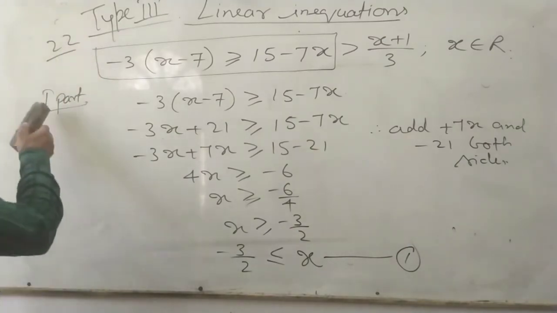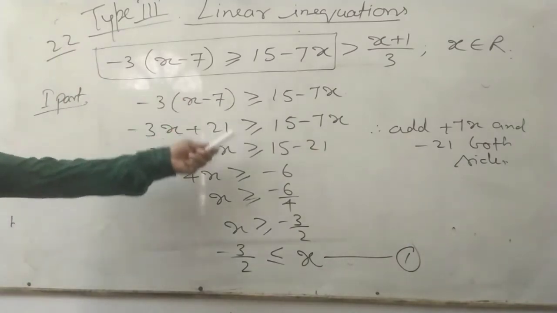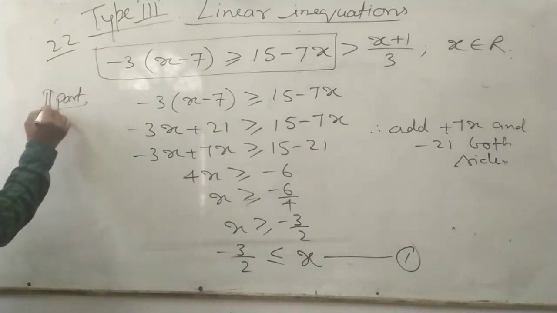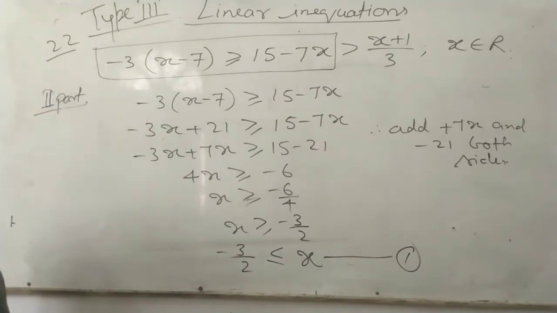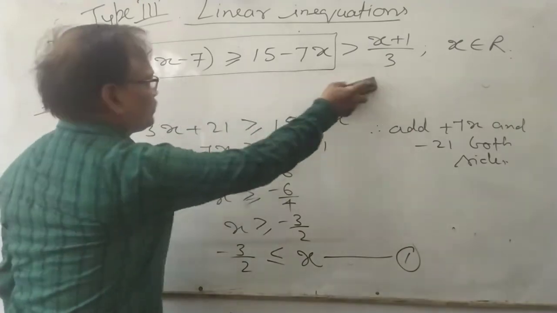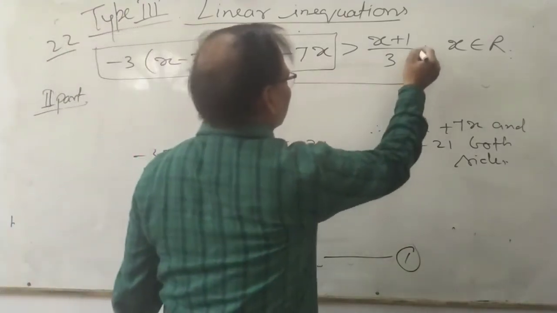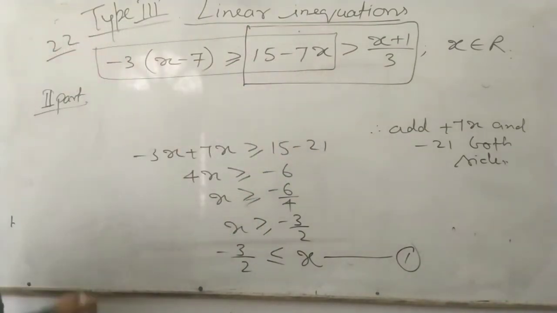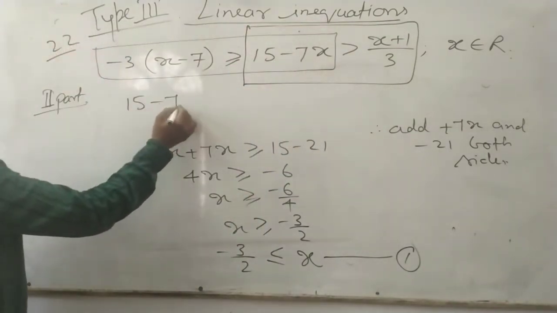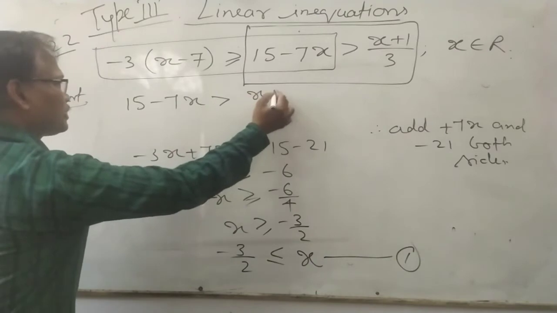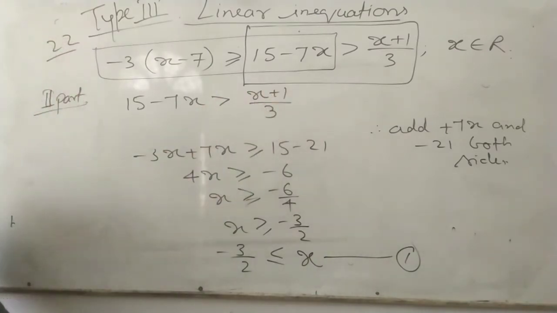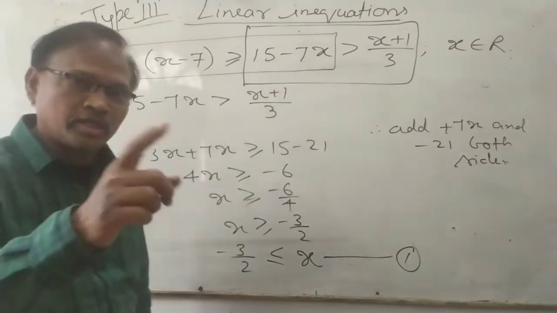Now the second part. This is the first part. Now the second part. In the second part, what you will write? The middle part and the right hand part. You can see 15 minus 7x is greater than x plus 1 by 3. And this is also like type 1.